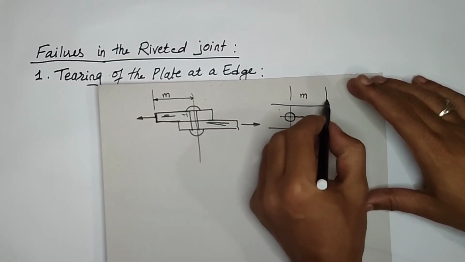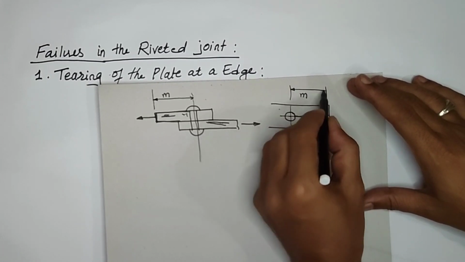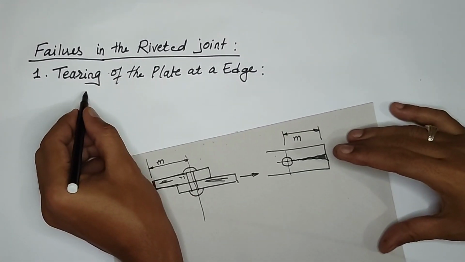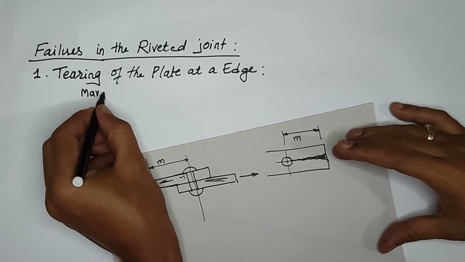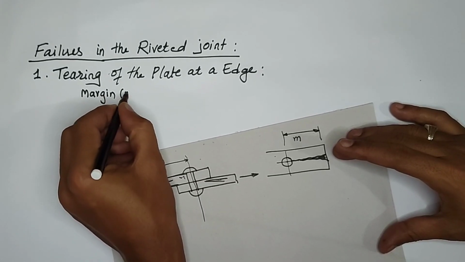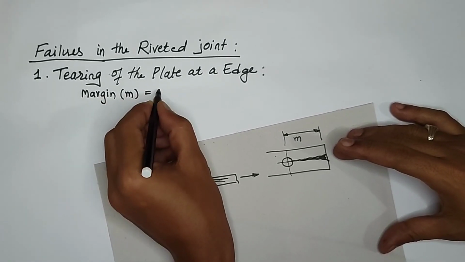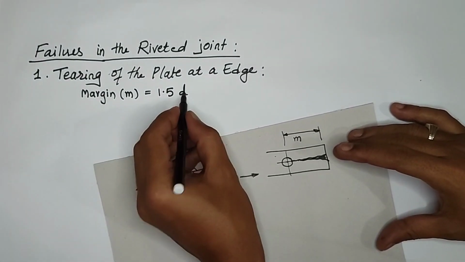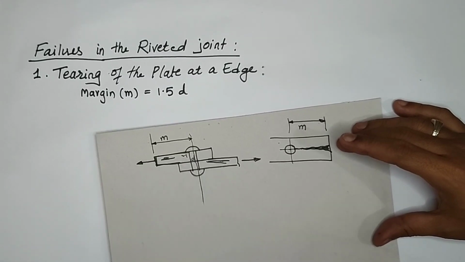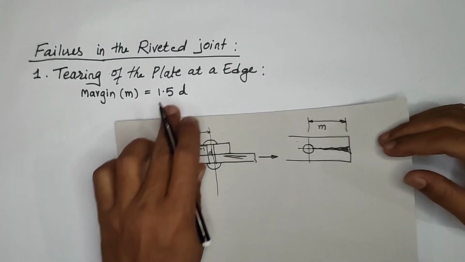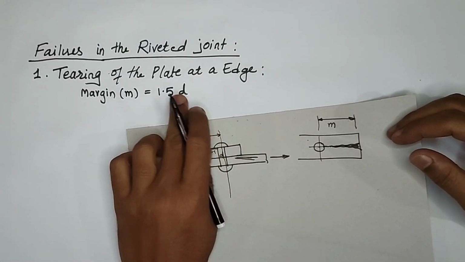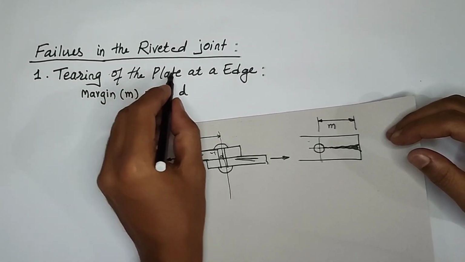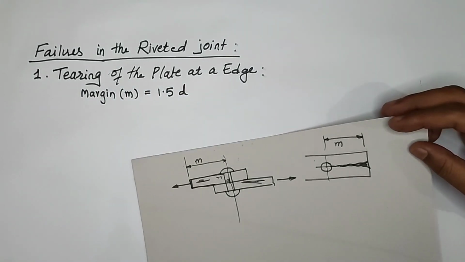So we have to maintain this proportion, where the margin, written as small m, should be equal to 1.5 into small d. Here d indicates the diameter of the rivet. This is the solution for tearing of the plate at an edge.